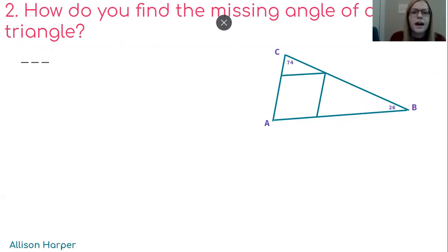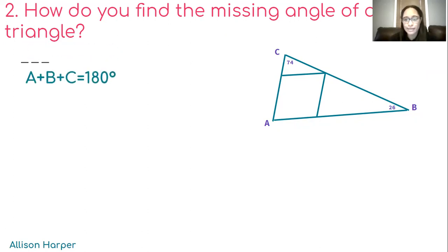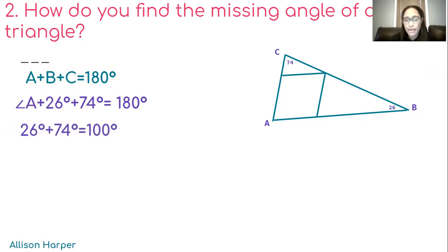Okay, Allison, how do you find the missing angle of a triangle? Okay, so here is my triangle, and it's identified as angle ABC. When you add A, B, and C together, you should get 180 degrees. But if you notice, we are missing the measurement of angle A. So we put angle A in our equation.